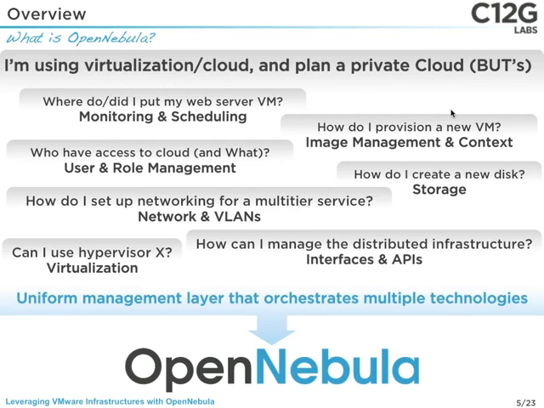So why is this interesting? Well, if you have maybe a couple of physical servers and you want to run your virtual machines there, then maybe you don't need OpenNebula or, for that matter, any CMP at all. Why? Because you can always keep track of where your VM is running and different other settings.